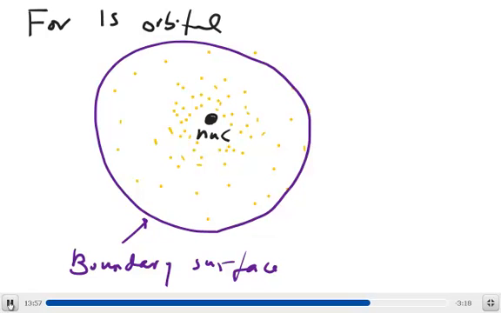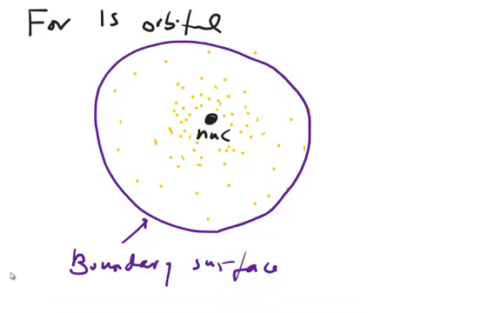So let's look at a drawing of an orbital that represents the 1s orbital. Here, the black dot in the middle is the nucleus, and all the yellow dots represent the probability values for electrons within that space. As you can see with this drawing, there are a lot more yellow dots near the nucleus than as you go further away from the nucleus.